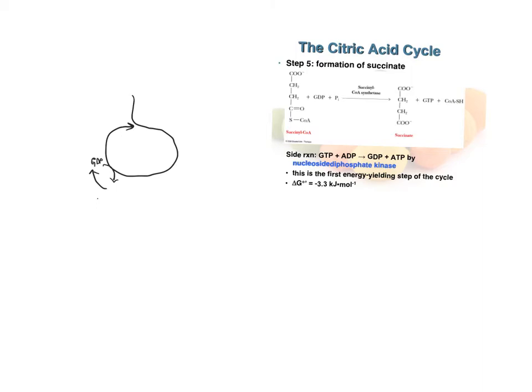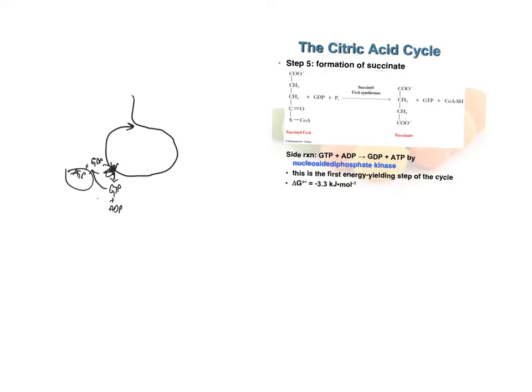Hopefully you get the idea. GDP to GTP plus ADP plus ATP. And so then we get the ATP, but it's not directly a part of the citric acid cycle. It's one step removed. You technically get the GTP. And that enzyme right there that I just drew to the side was the nucleoside diphosphate kinase.